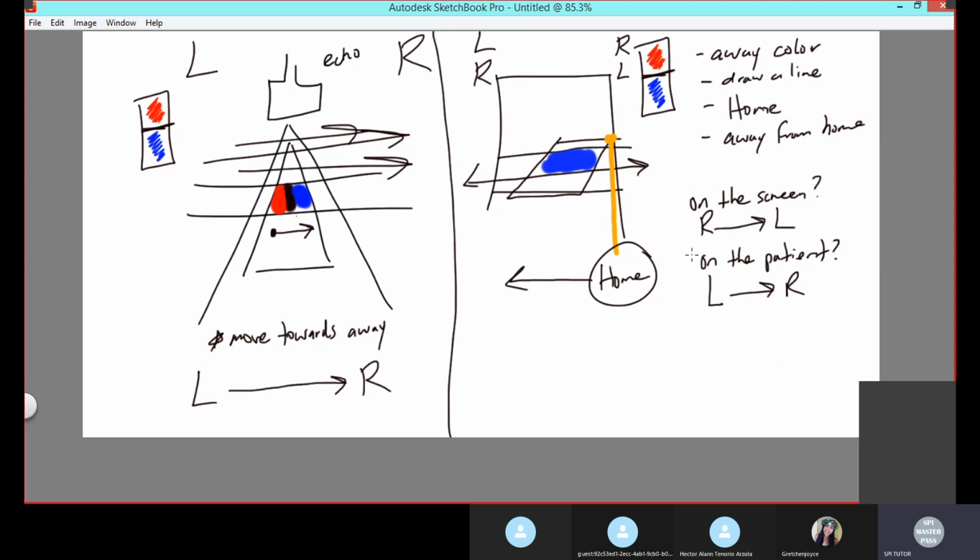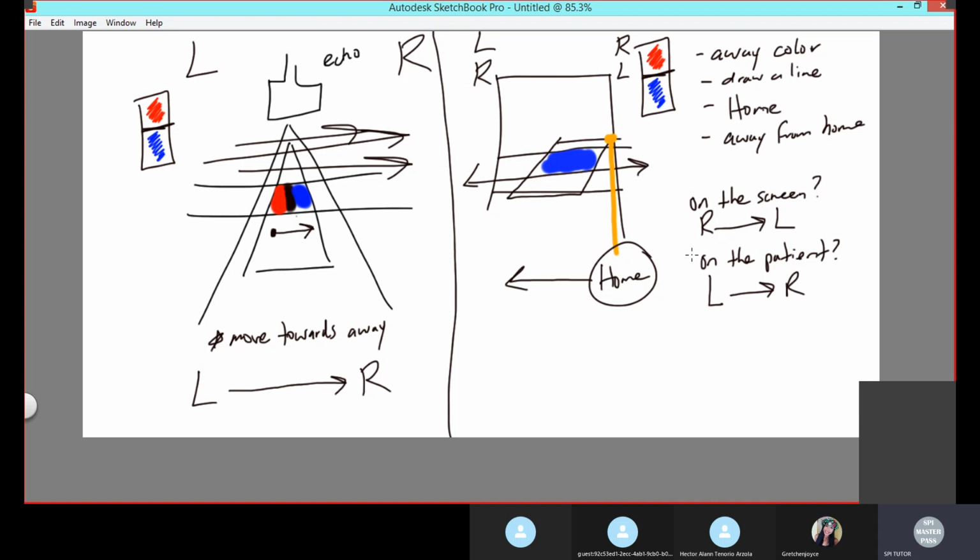Now, are they going to specify? I would assume so. I would assume they will specify on the screen or on the patient. If they don't specify, for me, how I would handle it, I would probably handle it on the patient, because that would be my inclination. Like, oh, I'm looking at it as a linear sequential, and I'm looking at flow, and my marker is on the left side of the screen, which is the right side of my patient.